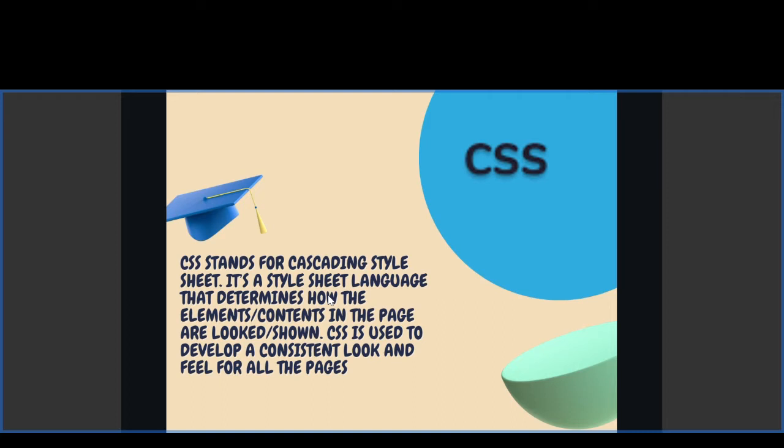Now CSS is all about how I want to display an element. For example, you might have seen a lot of buttons, and every button is of a different kind.